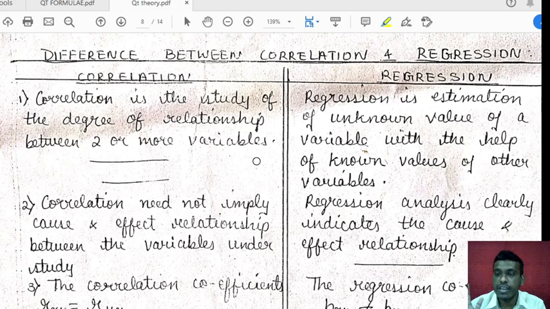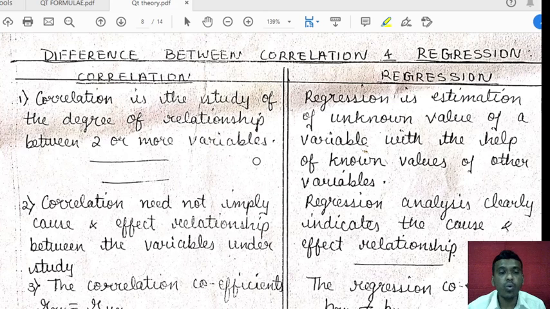Regression is the method of estimation of an unknown value of a variable with the help of known values of other variables. So if you know the values of y, you can find out the value of x. This process is known as regression. Or if you know the values of x, you can find out a particular value of y. This is provided both are correlated, only then you can find out. So this is known as regression.